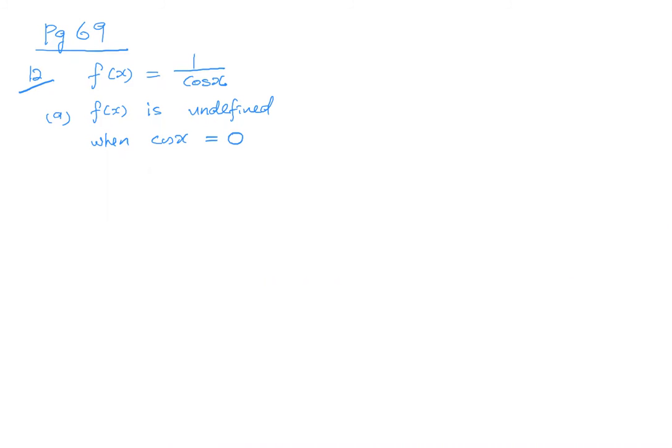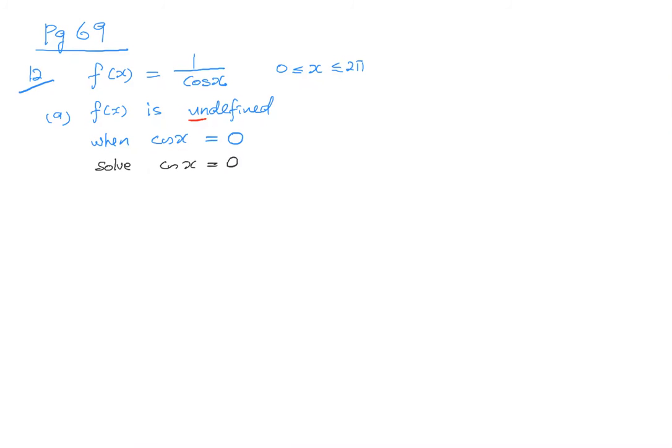The word undefined means not part of the domain. Okay, ready? And we talk about here, your x is only within here. So now we have to solve cos x equals 0.